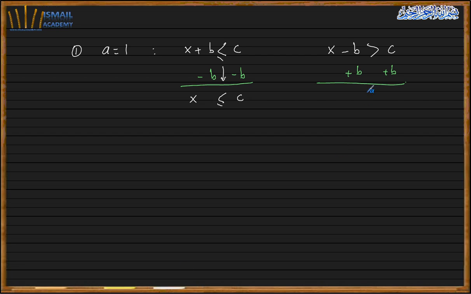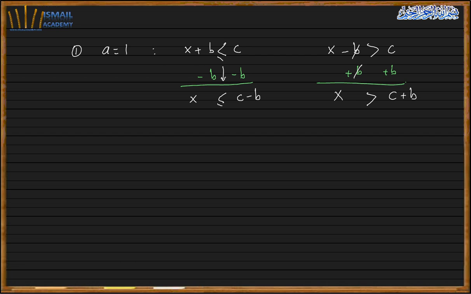When we add, b minus b cancels out, so we end up having x greater than c minus b, sorry. When we subtract the same number from both sides, the sign doesn't flip. So the answer will be c minus b. And if I have a minus, we add the same number to both sides, and the sign of the inequality doesn't change, because adding to both sides does not flip the sign.